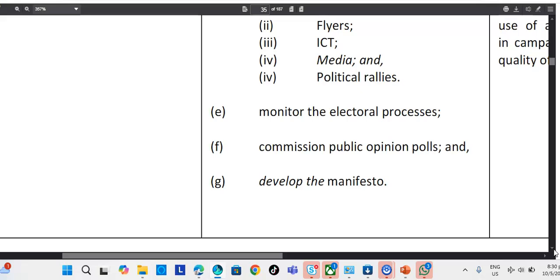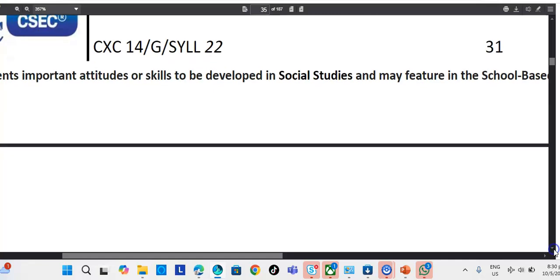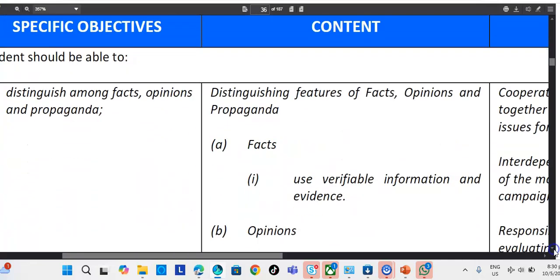And they have to develop a manifesto. So, a manifesto is just a plan that outlines the goals and objectives of the party, what they hope to accomplish and improve on in the next 5 years while they are in office. And we're going down nicely.